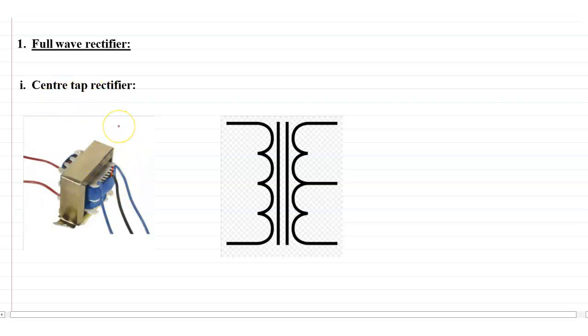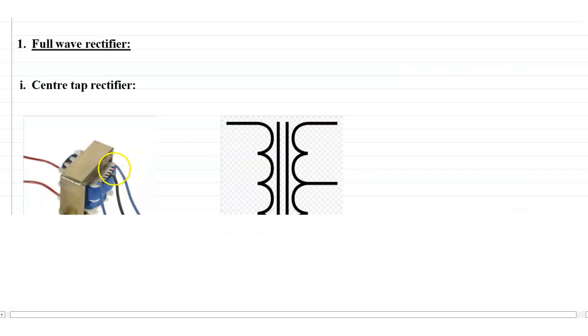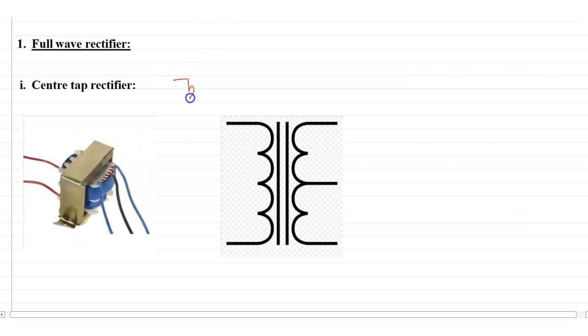Center tap transformer means, we know that a transformer has two coils. One is called the primary coil, another is called the secondary coil. In the primary coil there are two terminals. In the secondary coil, for a normal transformer, there are two terminals, but in a center tap transformer there are three terminals.